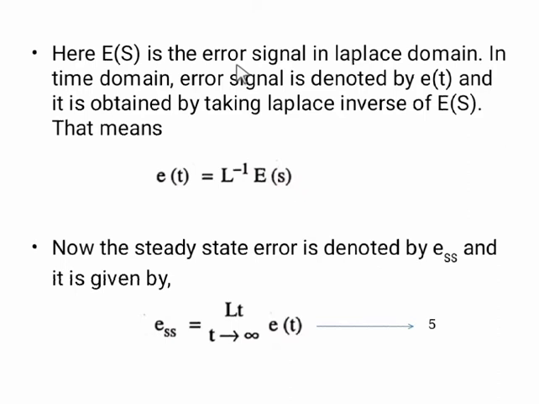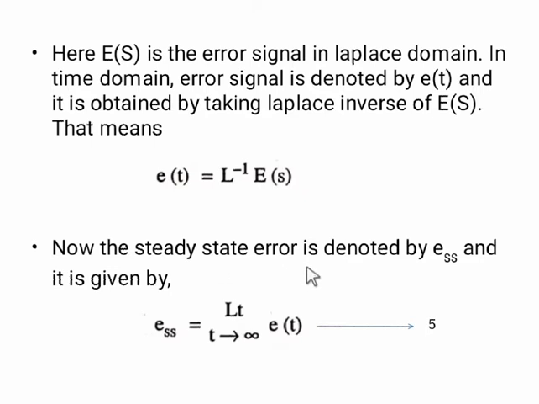Here E(s) is the error signal in the Laplace domain. In time domain, the error signal is denoted by e(t), and it is obtained by taking the inverse Laplace transform of E(s). So the error signal in time domain e(t) equals the inverse Laplace of E(s). Now the steady state error. Steady state means the system becomes stable, and the system becomes stable at t equal to infinity.